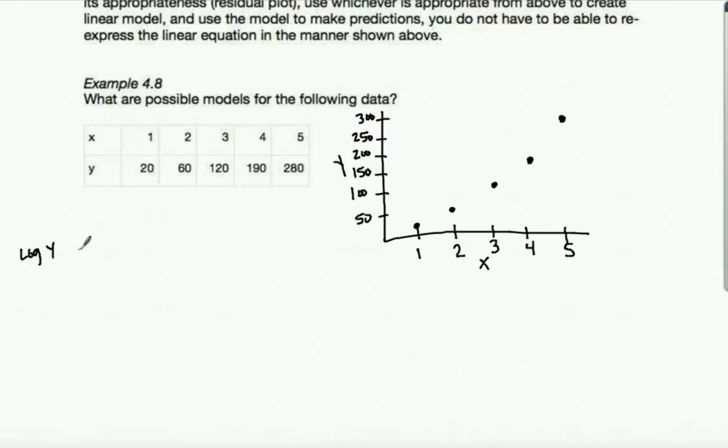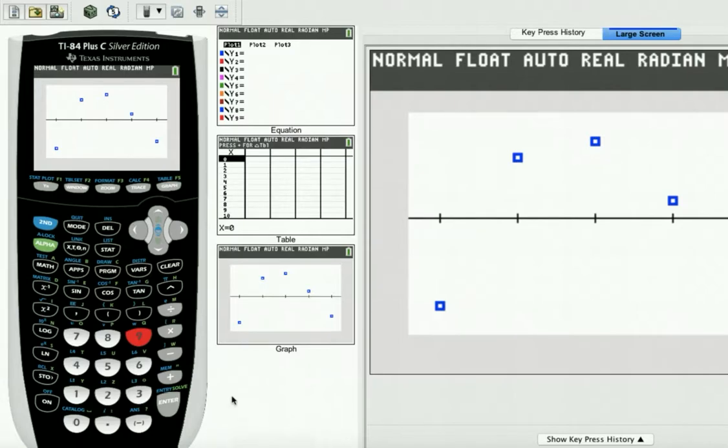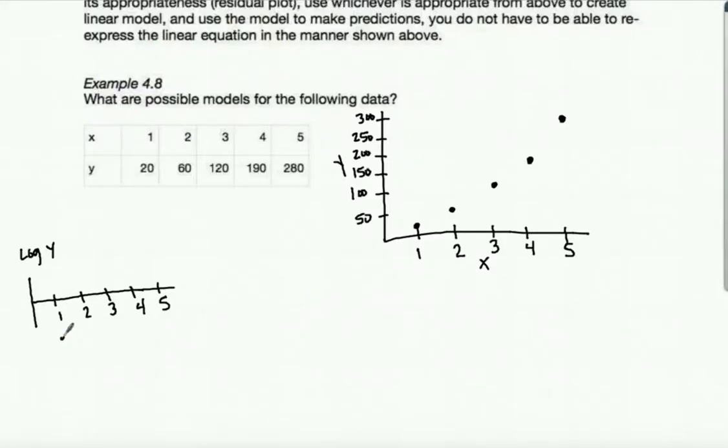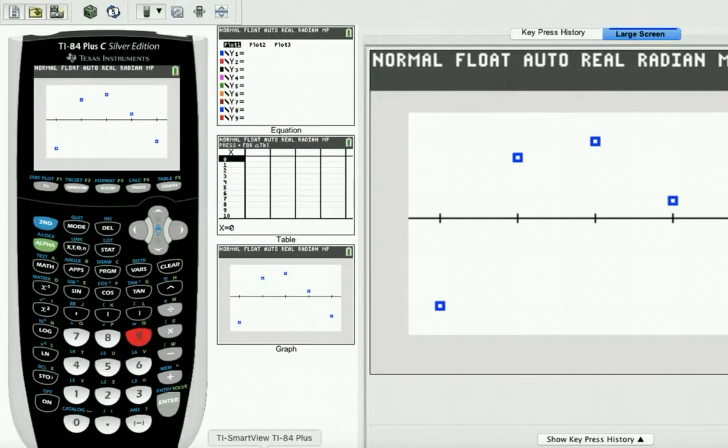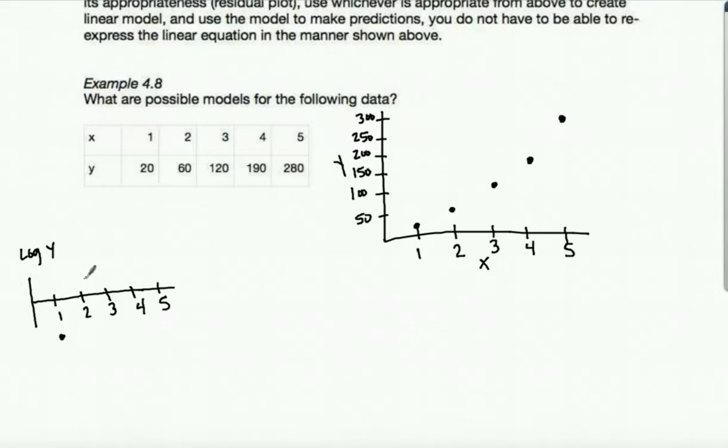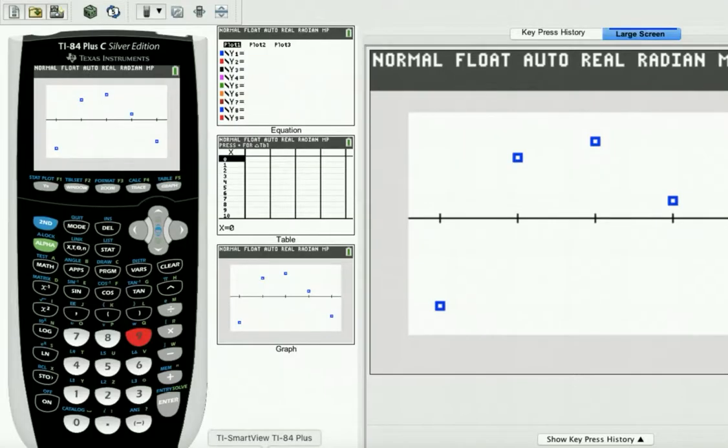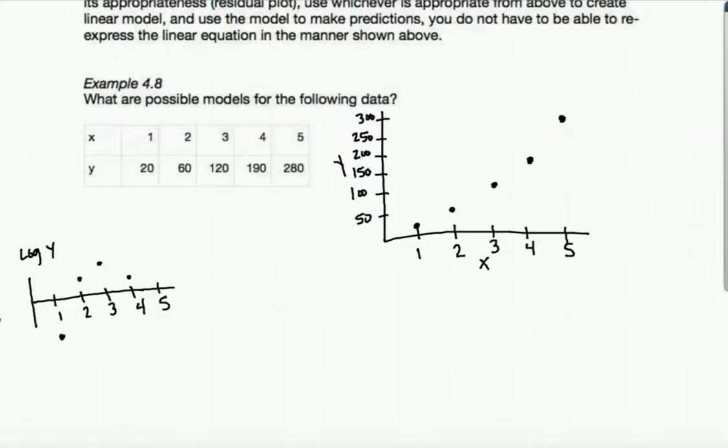So our residual plot goes low, high, higher, lower, medium.